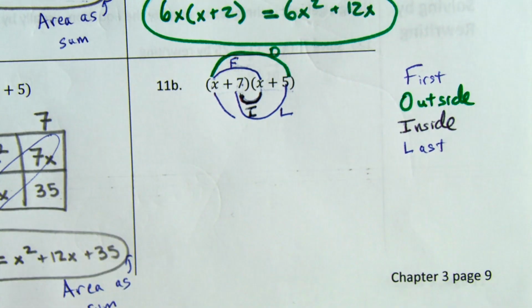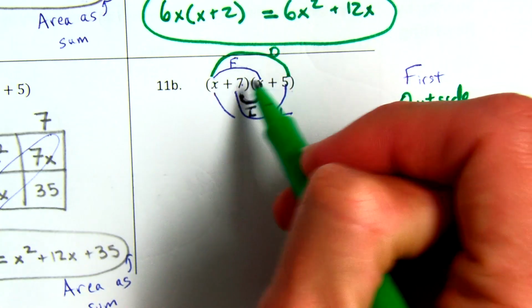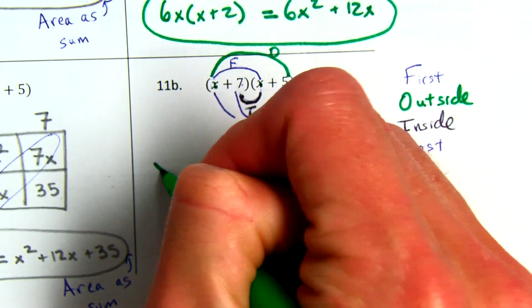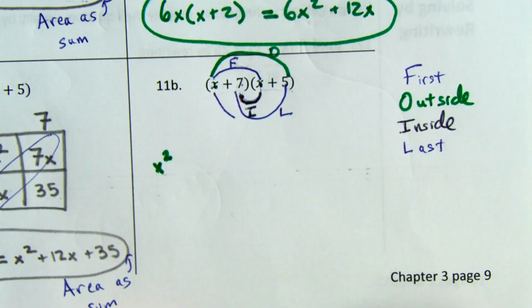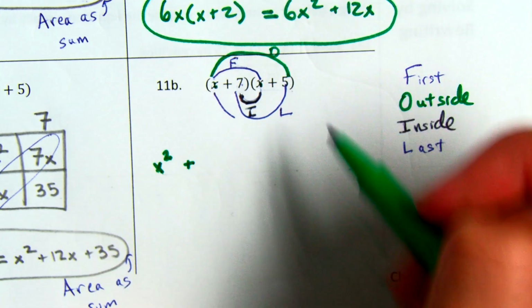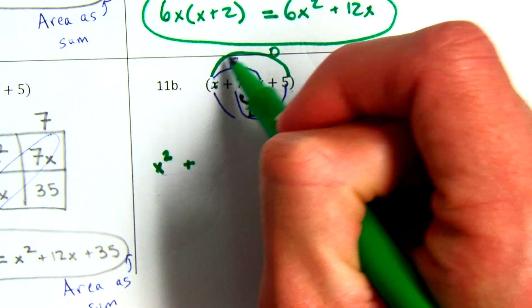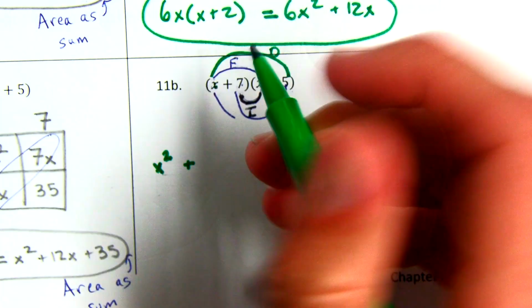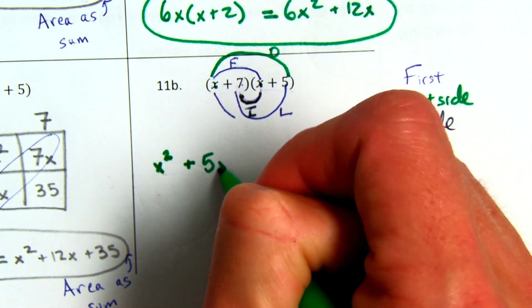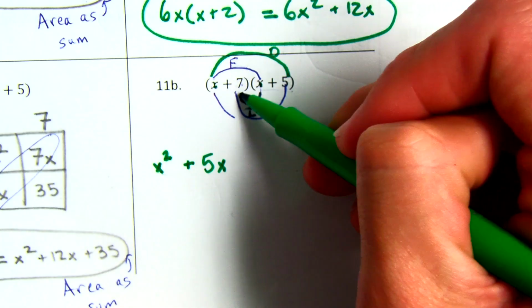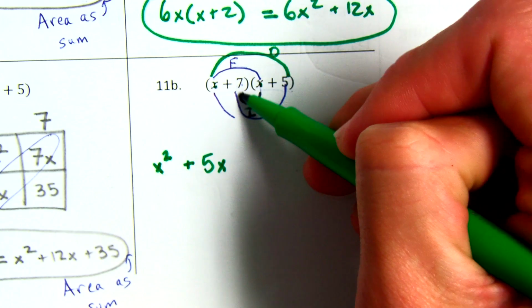Okay, and let's see what we get. We have x times x, which is x squared, x to the power 2, plus x times 5, the outside terms, that's plus 5x. Then we have the two inside terms, 7 times x.